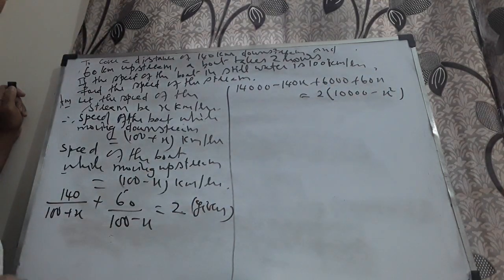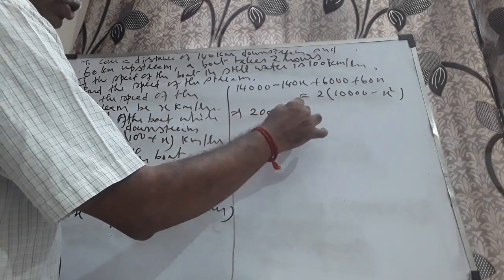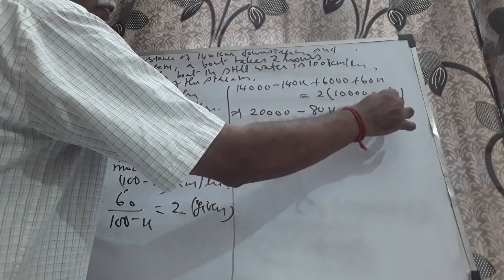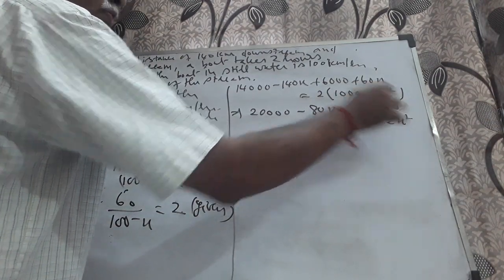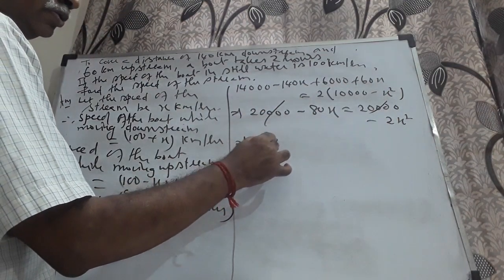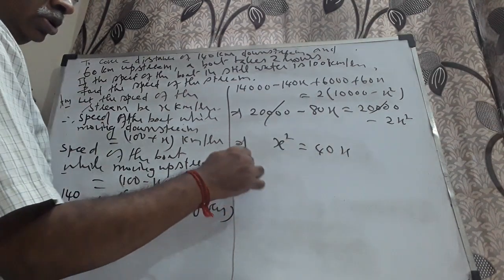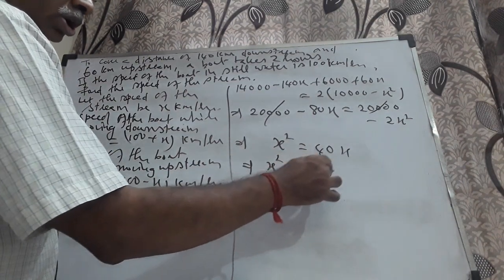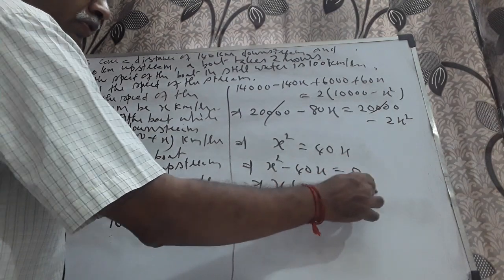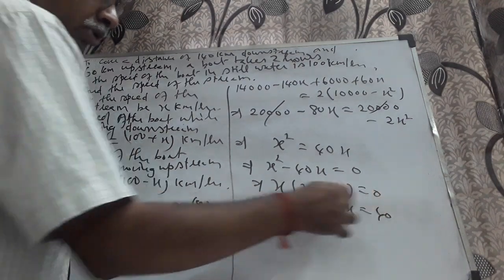I am using the a plus b into a minus b formula, which implies 20,000 minus 80x is equal to 20,000 minus 2x square. 20,000 gets cancelled, which implies x square is equal to 40x. x square minus 40x is equal to 0. x into x minus 40 is equal to 0. Implies x is equal to 0 or x is equal to 40.